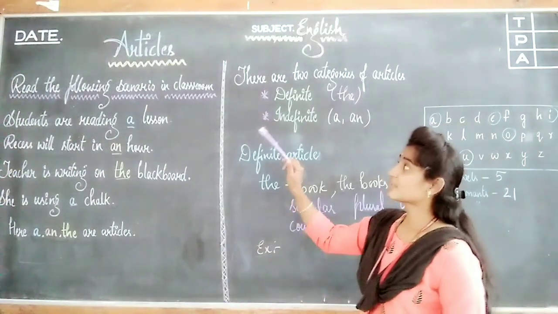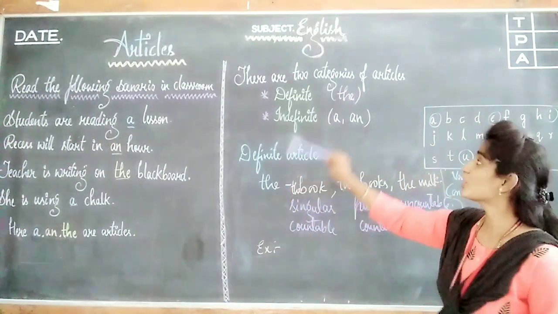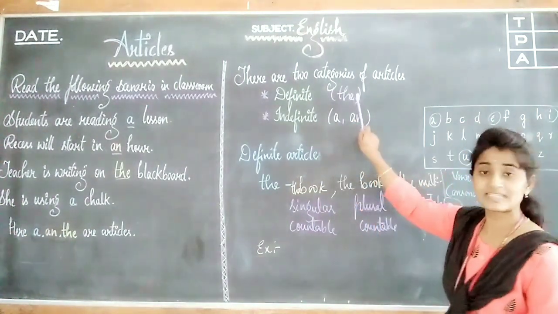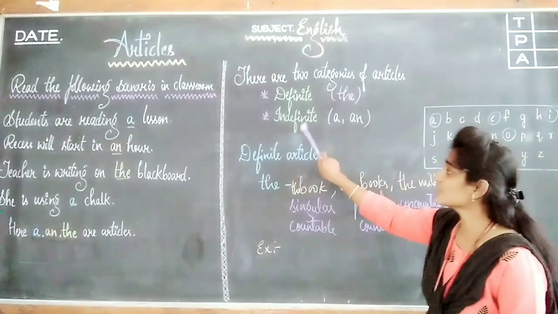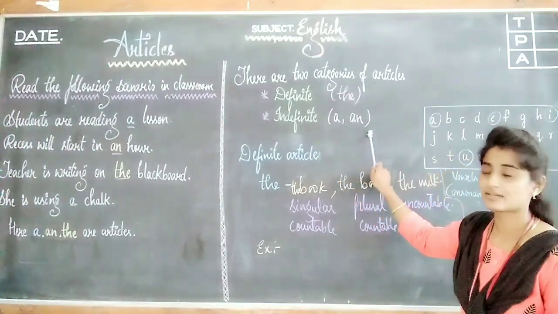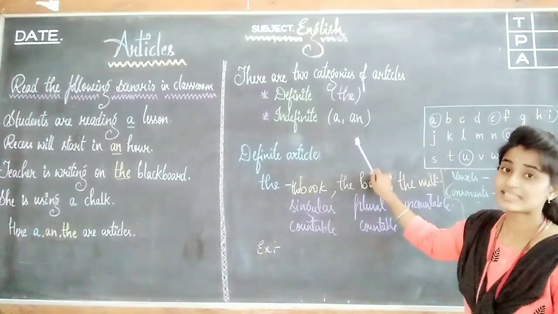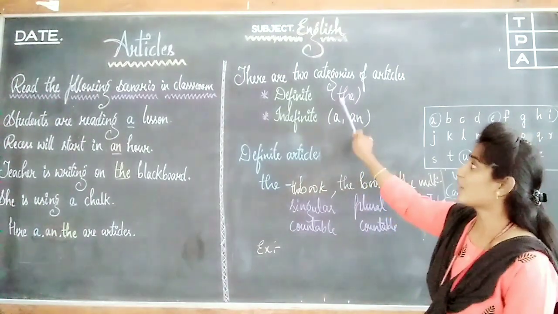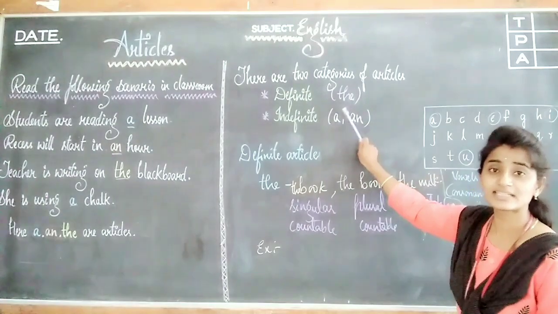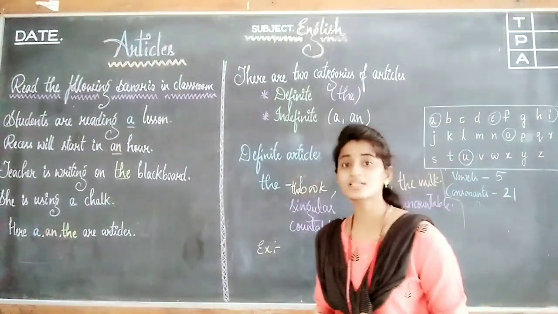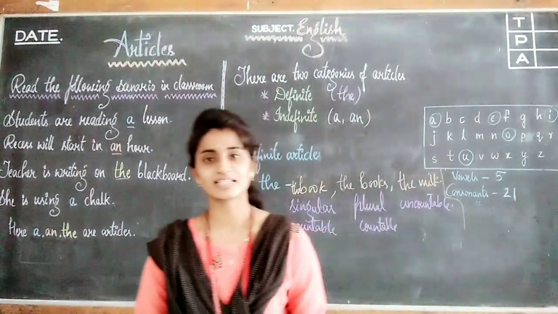So we have seen this topic, that is articles, in two categories, definite and indefinite. Indefinite: a and an, with vowel sounds and consonant sounds. And if we are speaking about a particular thing, object or person, we use the definite article the.